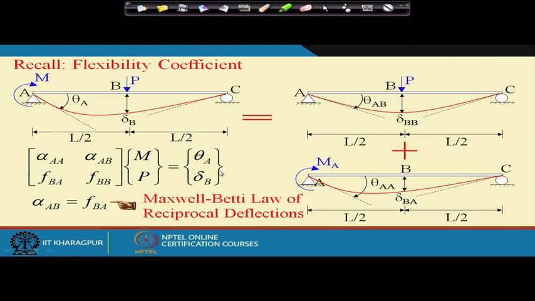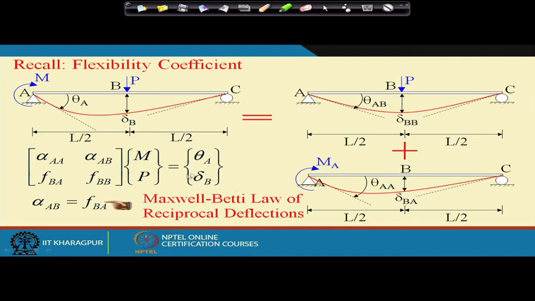Now, in theta A, M will contribute and P will contribute. So theta A is essentially the rotation due to M plus the rotation due to P. The coefficient associated with the contribution from M is alpha AA, and the coefficient associated with the contribution from P is alpha AB.